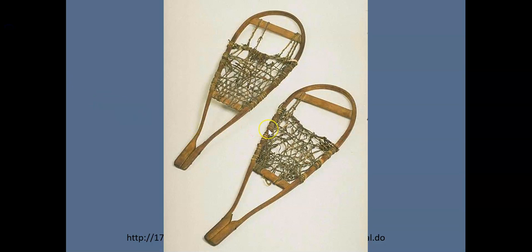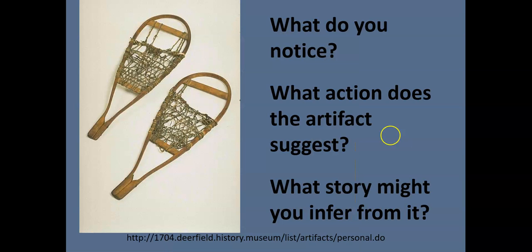Sorry about that. We are going to look at what happened in the little town of Deerfield based on some artifacts from the time that they happened, from the very early 1700s. So the first set of artifacts, I'd like you to stop and think, what do you notice about this? What is it?